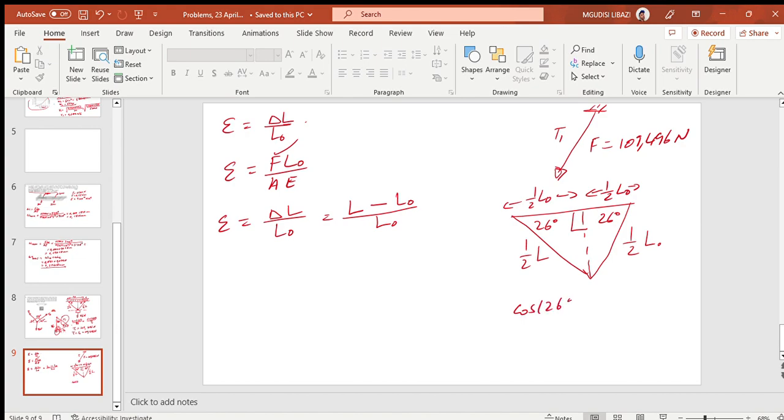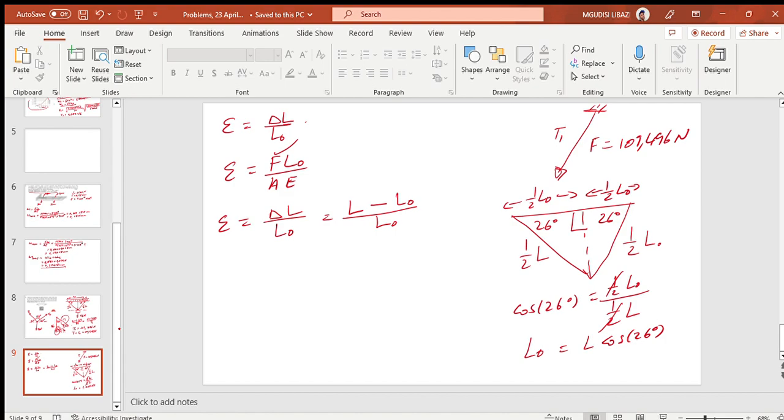Cosine of 26 degrees is equal to adjacent, which is 1 over 2 L initial, divided by hypotenuse, which is 1 over 2 L. So 1 over 2 cancels 1 over 2, such that L initial will be L cosine of 26 degrees. So we're able to find the initial length in terms of the final length.